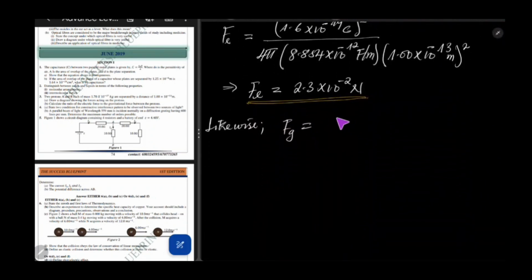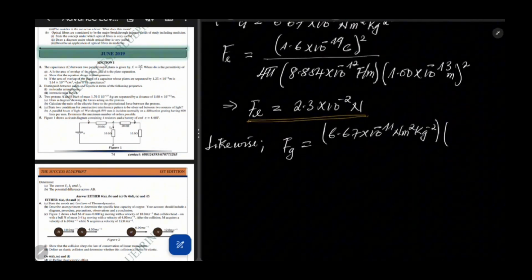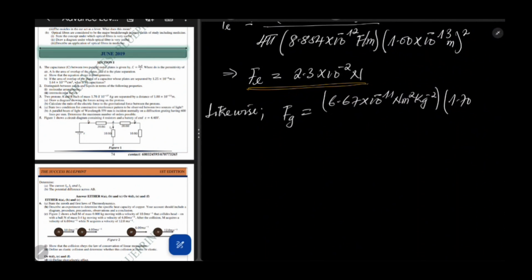So we have the value of G is 6.67 times 10 to the power negative 11 Newton meter squared per kilogram squared, times the product of the masses, which is 1.70 times 10 to the power negative 27 kilograms, all that squared, because the two protons A and B have the same mass, divided by the square of the separation, 1.00 times 10 to the power negative 13 meters, all that squared.